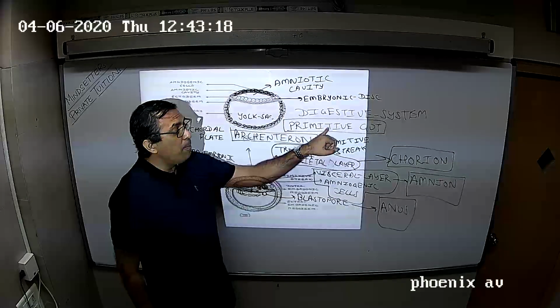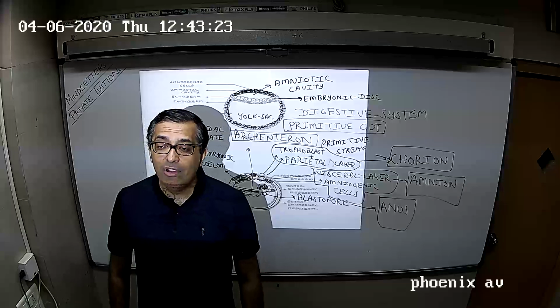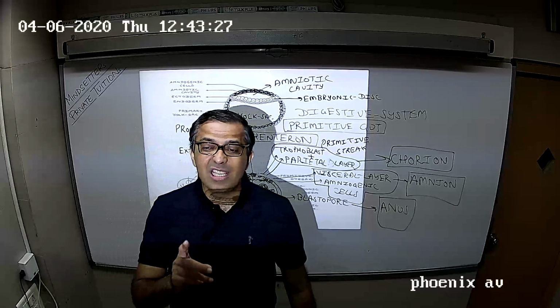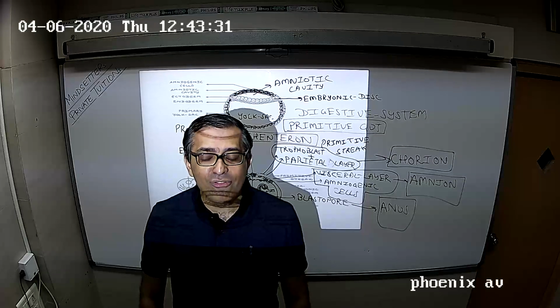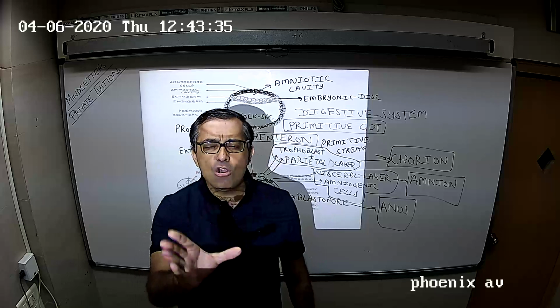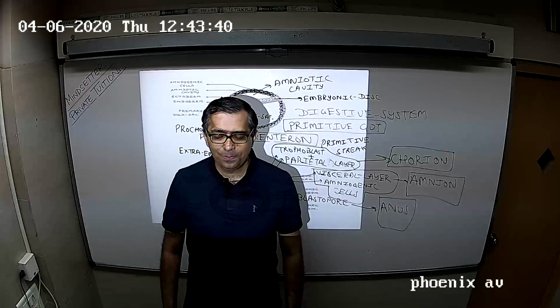Archenteron will form the primitive gut or the digestive system and will form the future digestive system of the baby. So which is the first system to develop? Digestive system, which is the first part of the child to develop, the anus. What is this beautiful process called? Gastrulation.